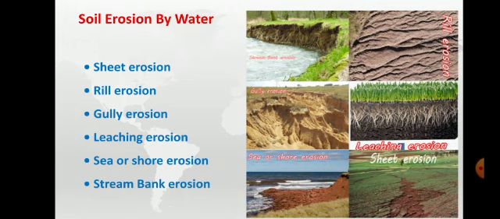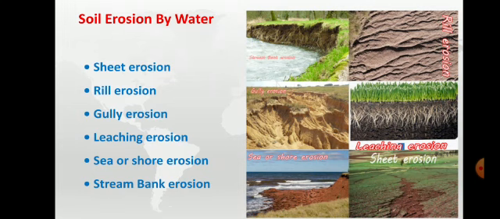The silt-laden runoff forms many finger-shaped rills or gullies over a large area. You can see in the picture here the finger-shaped rills. This is called rill erosion. It is the intermediate stage between sheet and gully erosion.